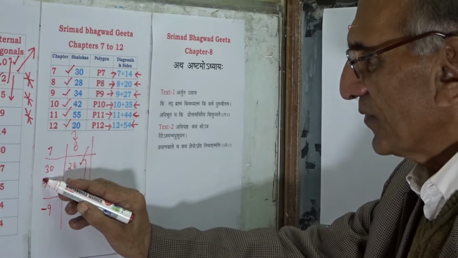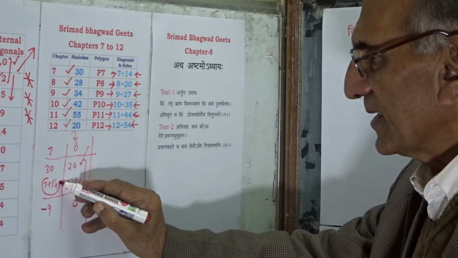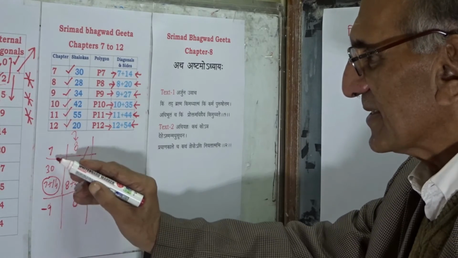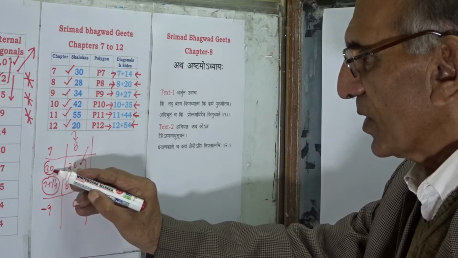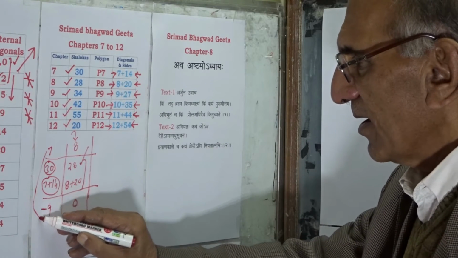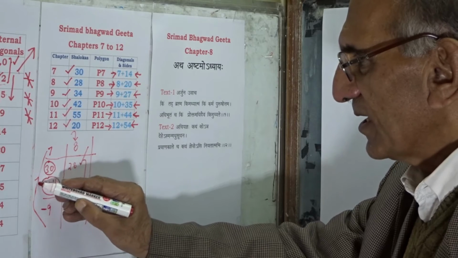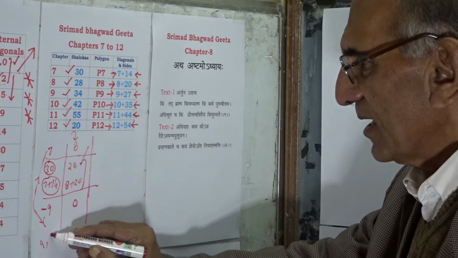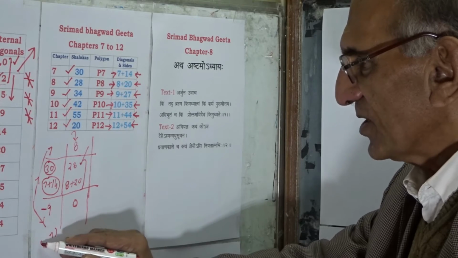The number of the sides and the internal diagonals are 9 less than the number of shlokas, and we know that values 7 and 9 are interrelated, as 9 is domain and 7 is dimension.